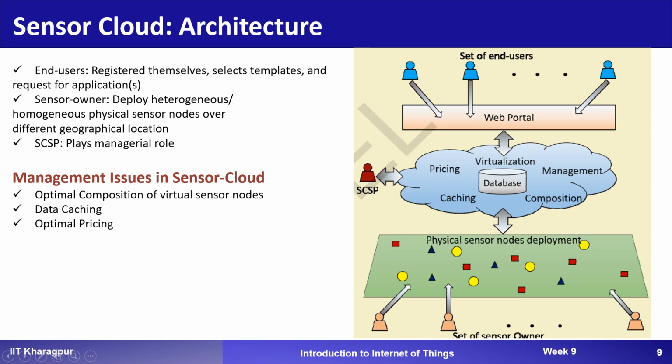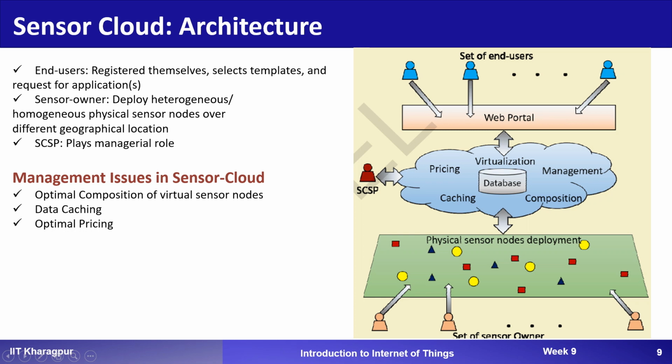After that, the sensor owner deploys heterogeneous as well as homogeneous physical sensors over a particular geographical location, and the SP, that is your sensor cloud service provider, is responsible for the managerial role. Managerial roles means all these facilities are provided by your SCSP.